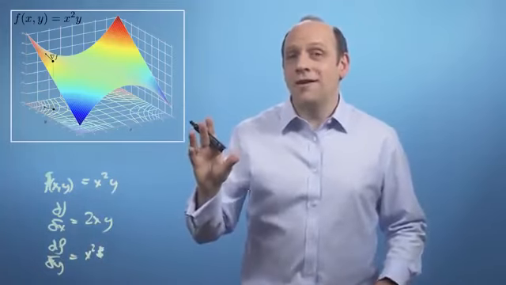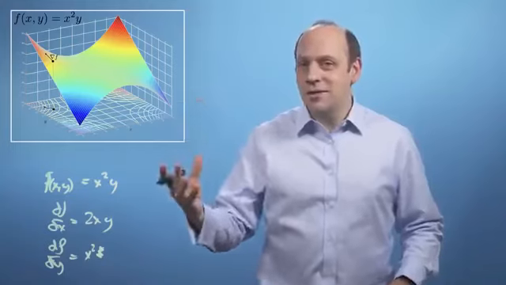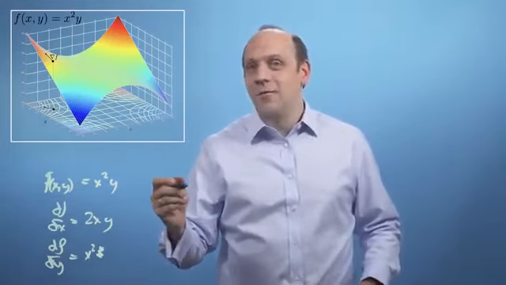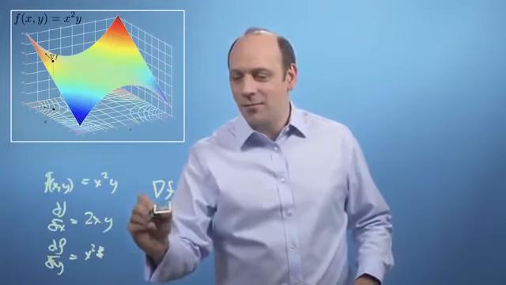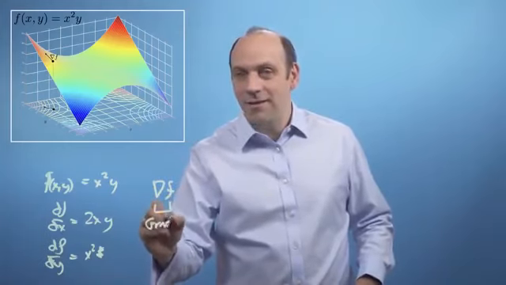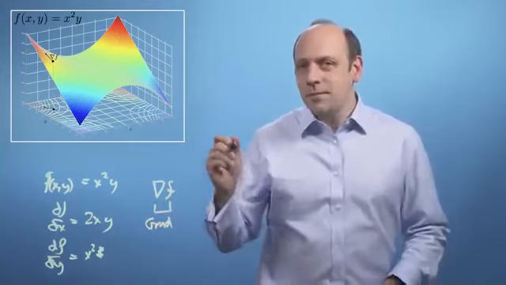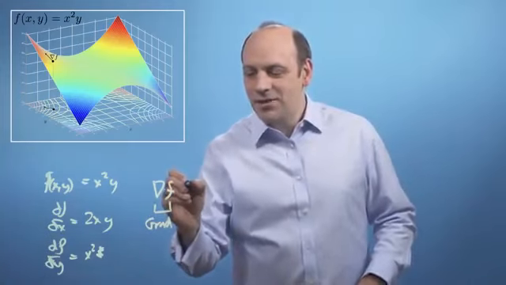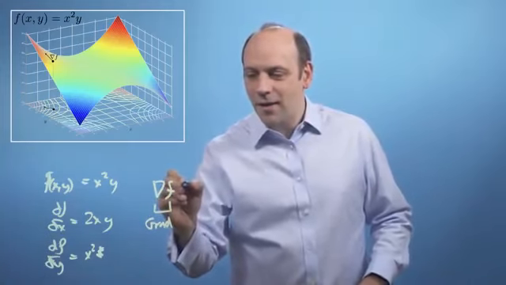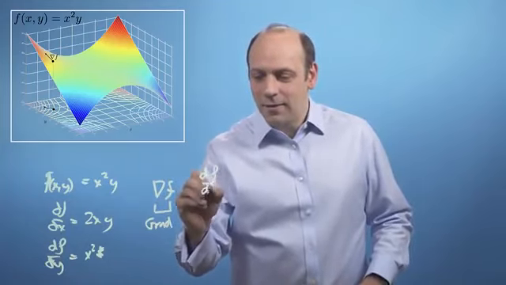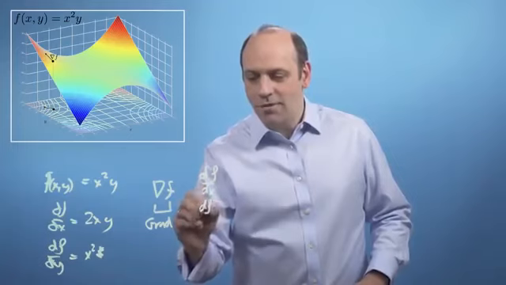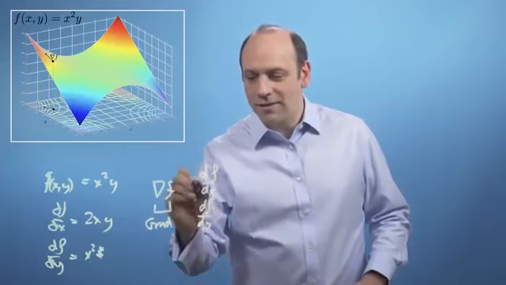Now, we can write down these two gradients in a vector, which we call the grad of f. This vector is just the vector where we write them down as the components of a vector.